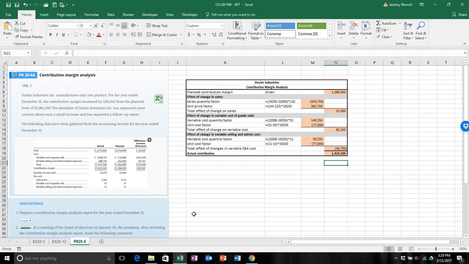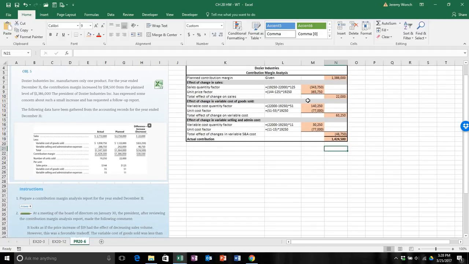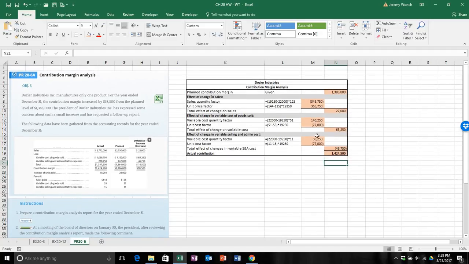And so if we go up here and look at what's going on, so really our variable cost of goods sold is not that great because mostly it's just down because we sold fewer units, not because we're being efficient. The cost per unit is a sign of being efficient.